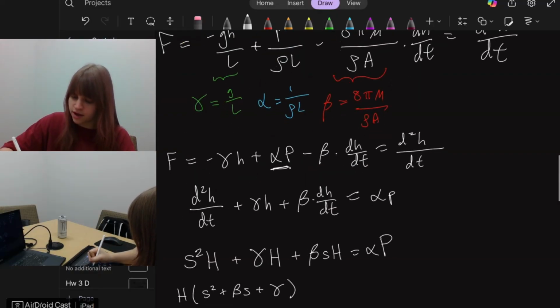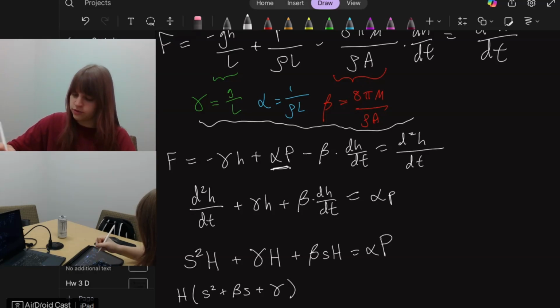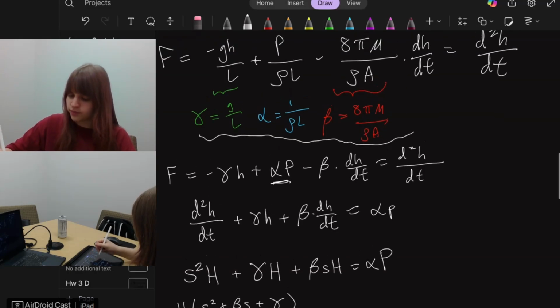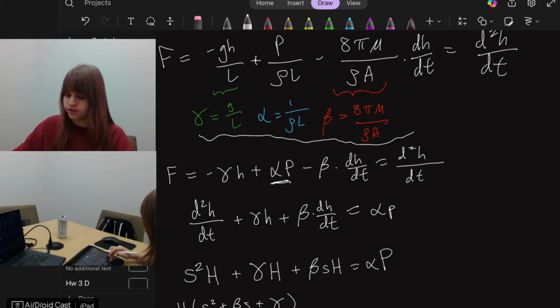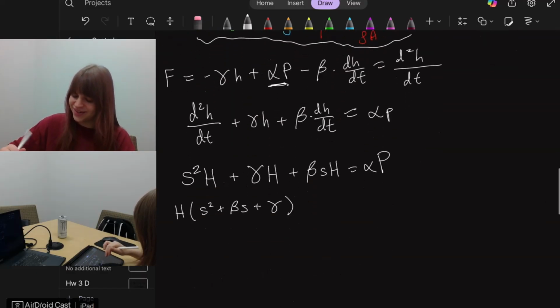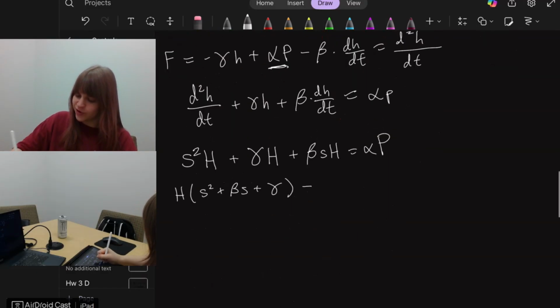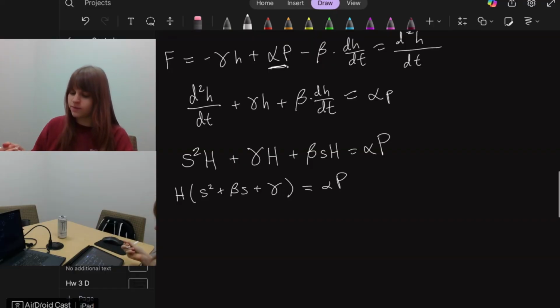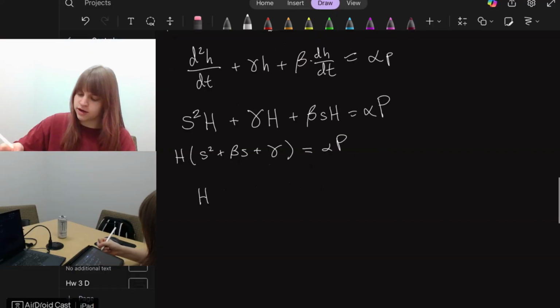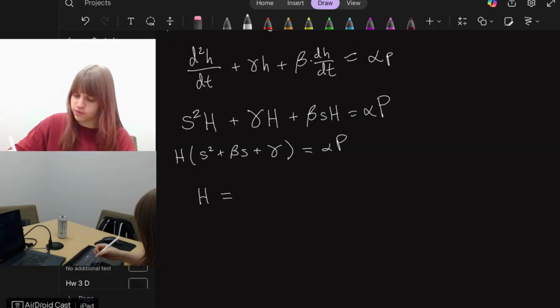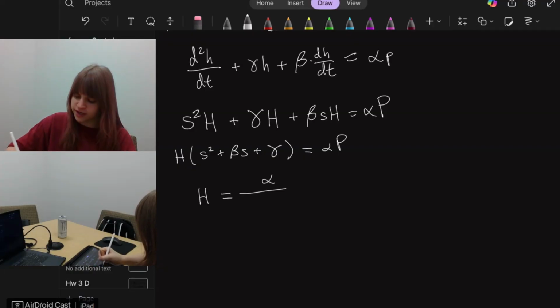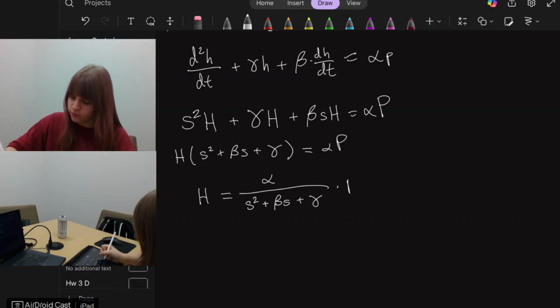Remembering that I just set these equal to those values in green, blue, and red because there are a lot to write down. But that is equal to our alpha times P. Then we isolate our H. We get H is equal to alpha divided by s squared plus beta s plus gamma, and this is all multiplied by our pressure.